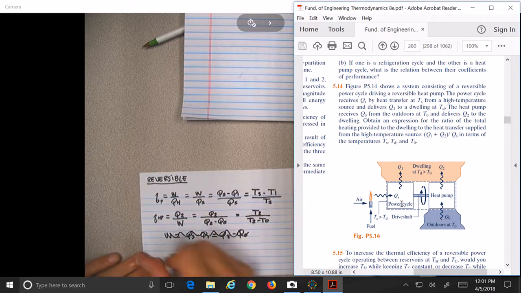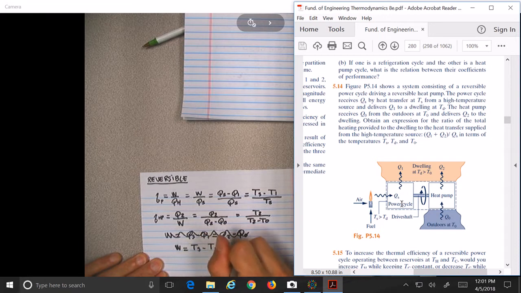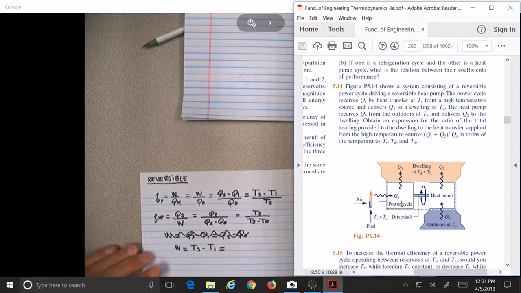So sorry, I could write this work equal to TS minus T1. Yeah, but I need Q1 plus Q2. That's why. Okay, so we know this stuff.